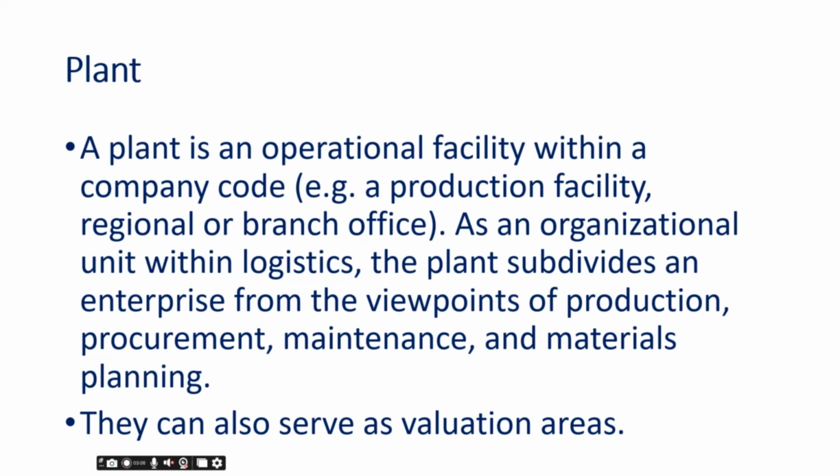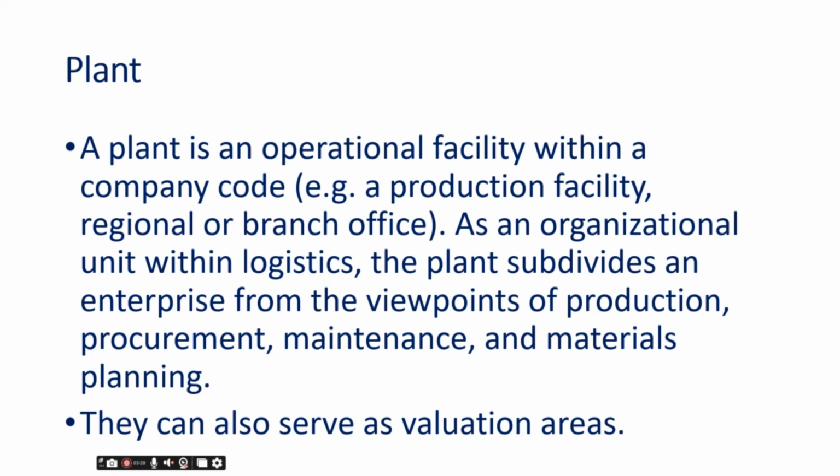And also a plant serves as a valuation area. For example, a company has 4 plants. In India, the company has one plant in Chennai, another plant in Mumbai, another plant in Delhi, and one in Calcutta. So a price varies from place to place.